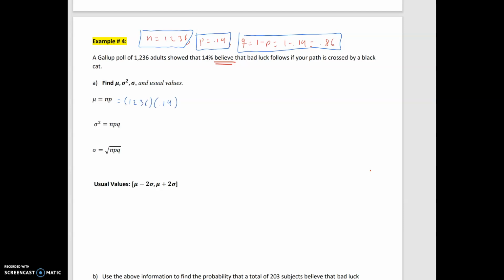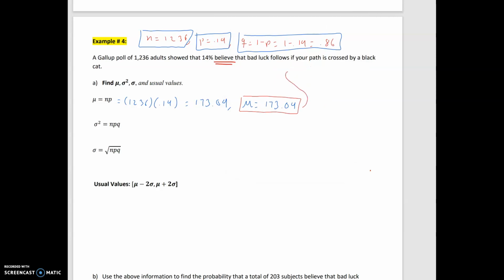So for the value of mu, as we evaluate, this is going to be 1236 times 0.14. So 1236 times 0.14, I'm getting that this is equal to 173.04. Let me just write it as mu is equal to 173.04. If it had asked for the expected value, we would round.